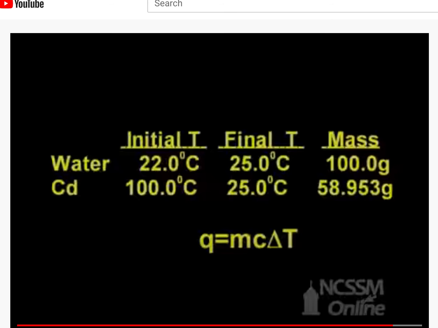Can somebody who hasn't already answered tell me what they get for the specific heat capacity of the cadmium? As a hint, it will be less than 1. I'm happy to answer questions about it too.